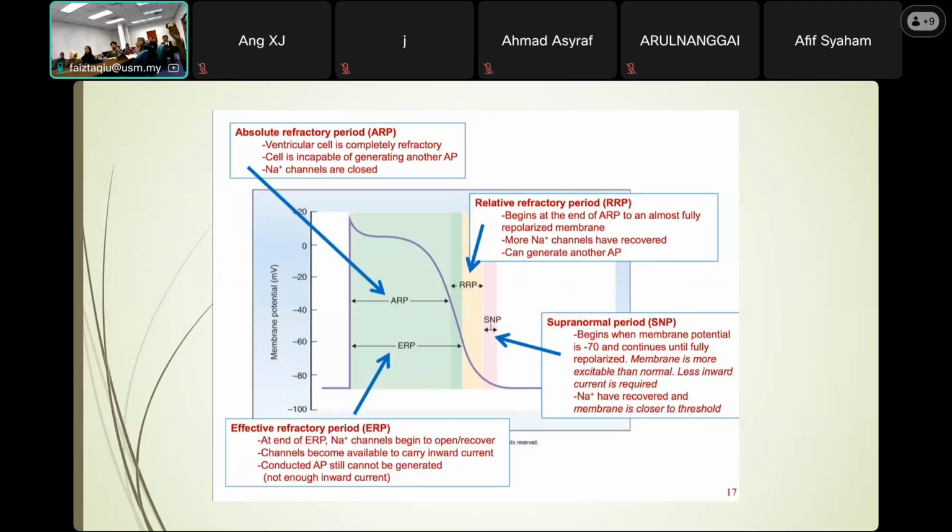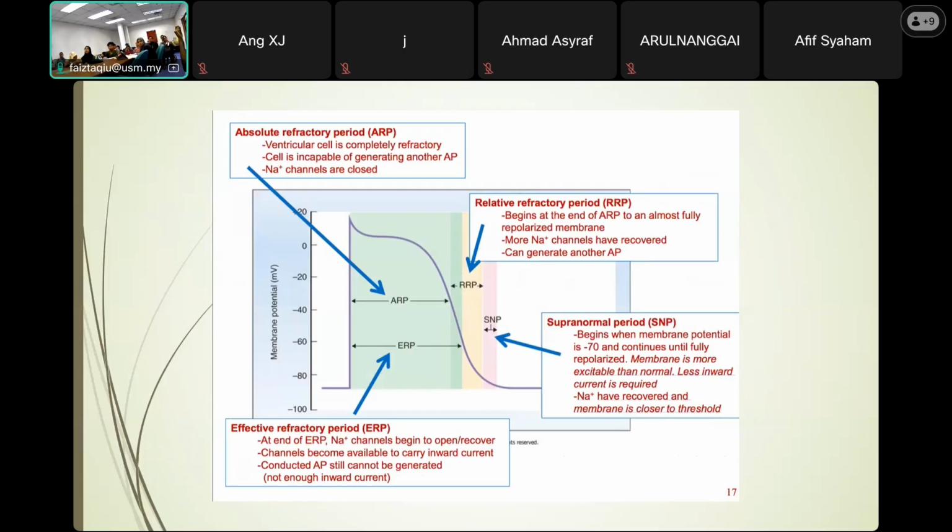The ERP is contained in the ARP and it is also part of the RRP. ERP is the effective refractory period. At the end of the ERP, sodium channels begin to open or recover. There is an influx of sodium, but the action potential still cannot be generated. Why? Because there is inadequate inward current.